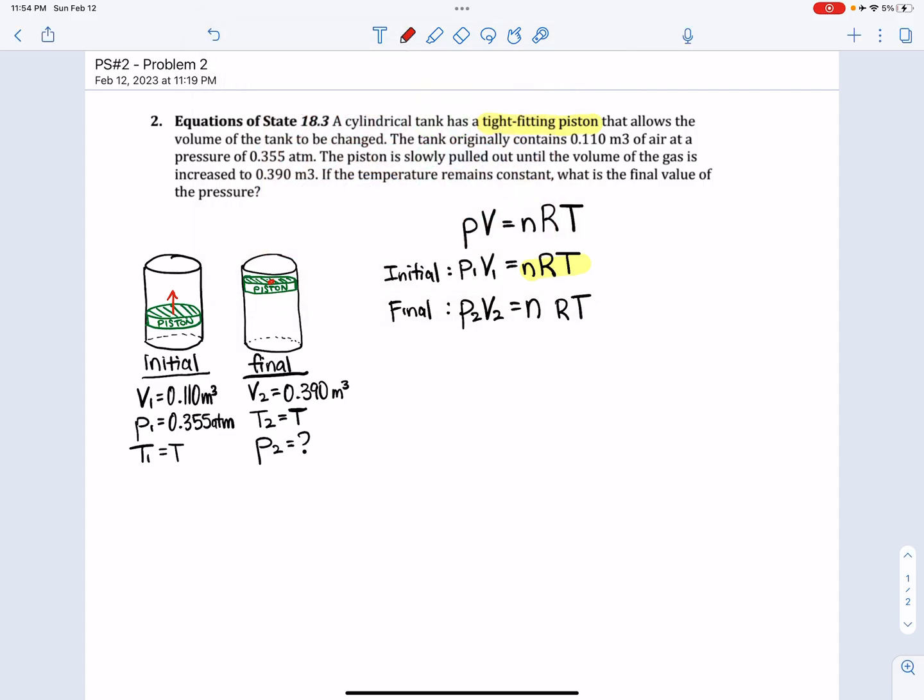I'll just write that down. Use red. So the right side of the equation is constant, or it doesn't change, right?